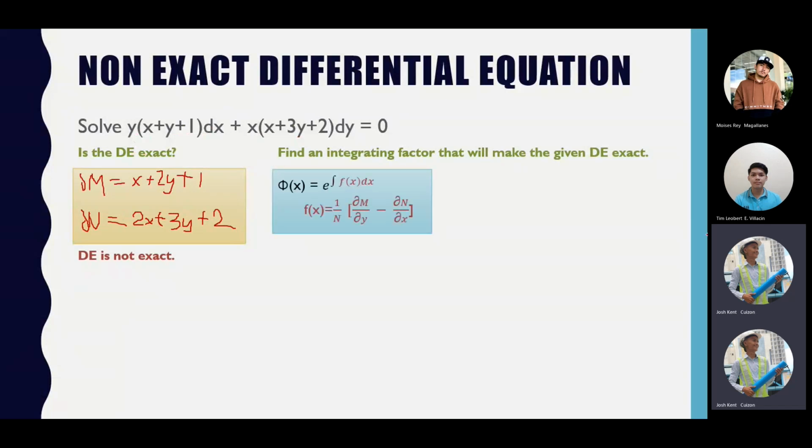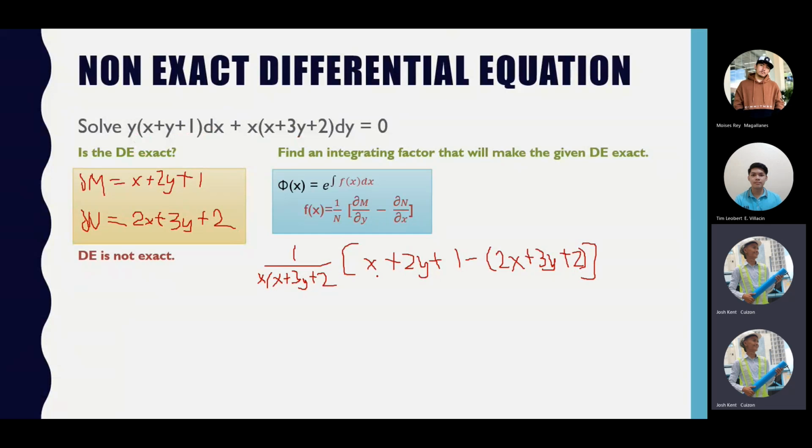So first, let's try this one: 1 over n, where n is x times quantity x plus 3y plus 2, times partial of m with respect to y, x plus 2y plus 1, minus 2x plus 3y plus 2.